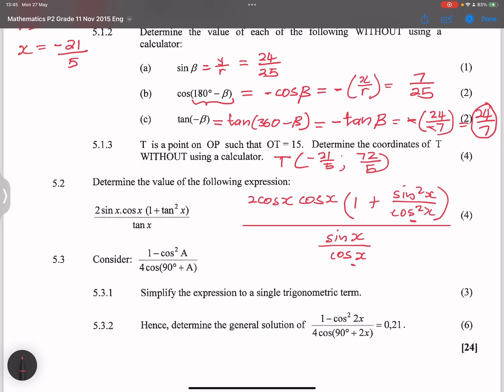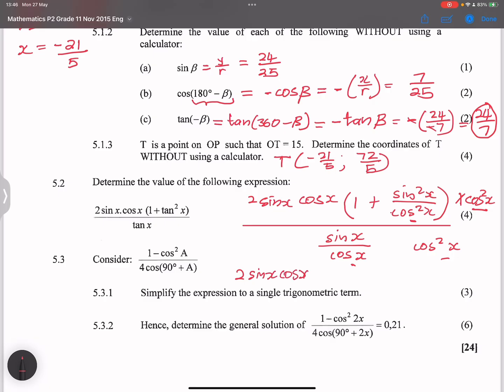So if I can multiply both the numerator and the denominator by cos squared of x, what I do at the top, I do at the bottom. So this is the same as multiplying by 1. Now in the numerator, what do I have? I've got 2 sine x cos x.